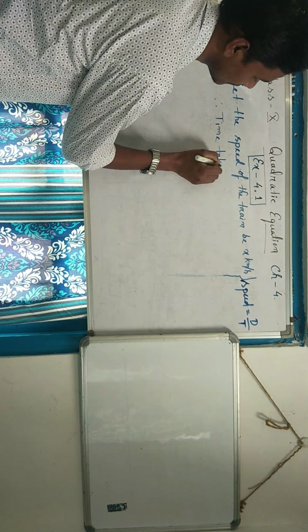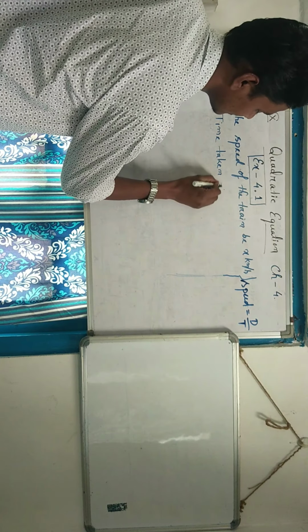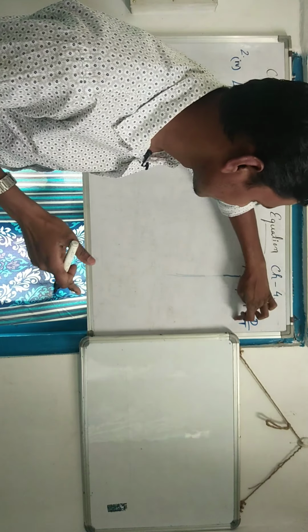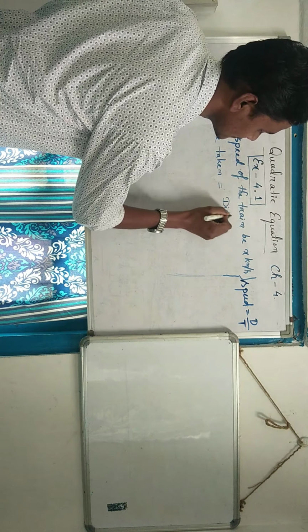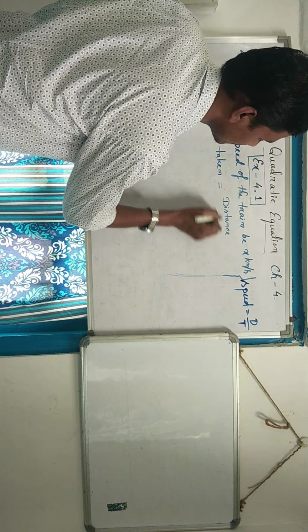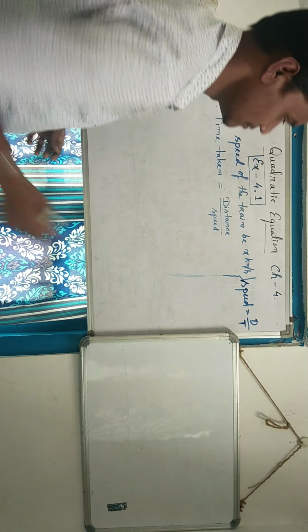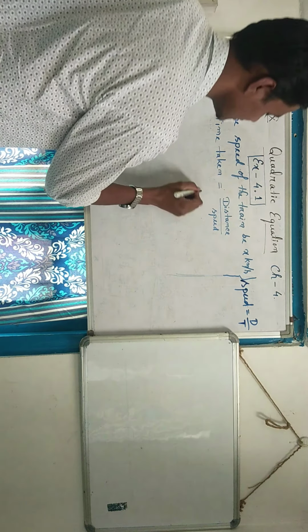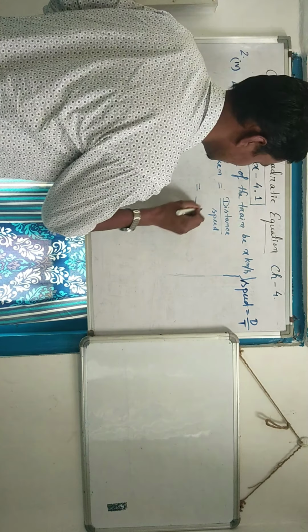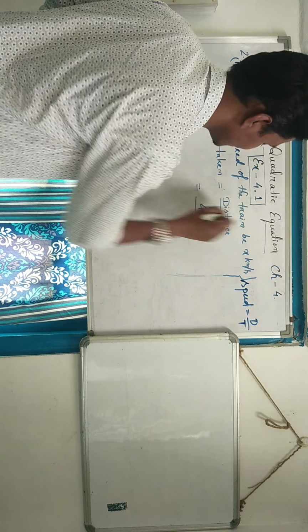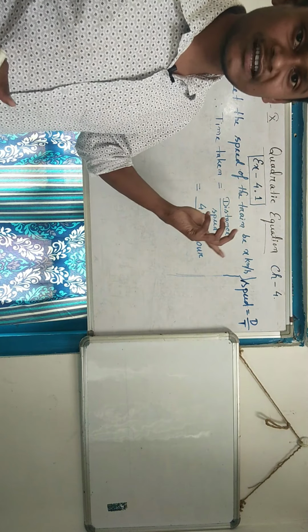Therefore time taken is equal to distance by speed. I have manipulated this formula. So time taken is equal to 480 by x. Why have I calculated time?